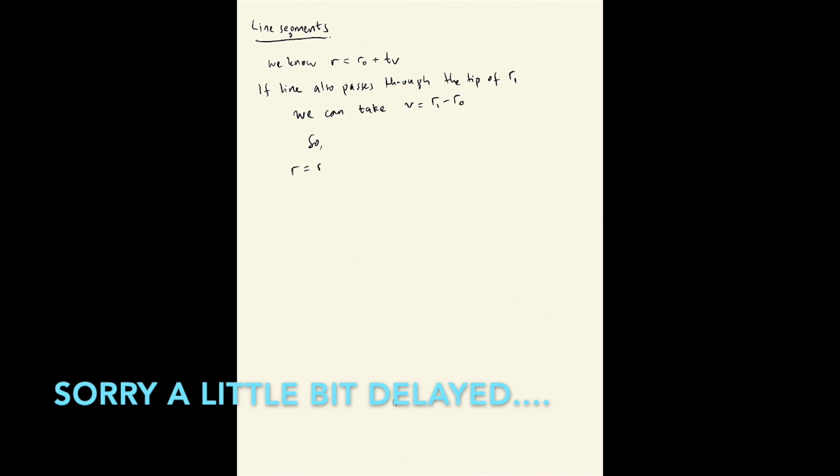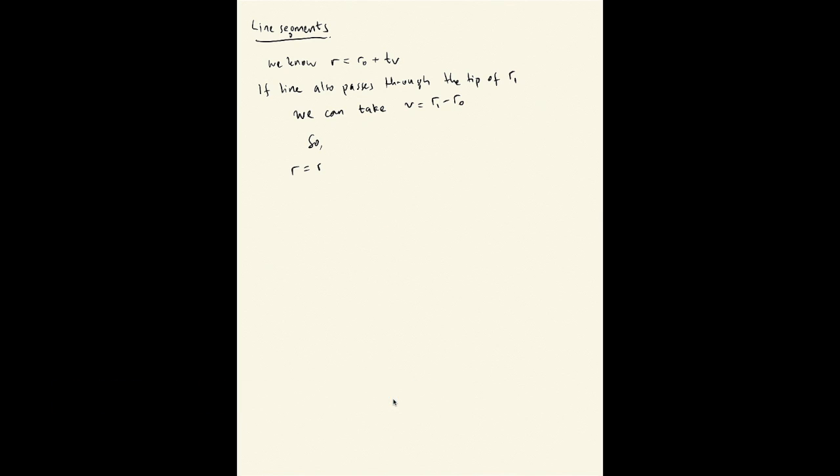So line segment means you have the vector equation, right? Imagine the vector equation being a line, and you want to make a segment in between that line. You can use these expressions.